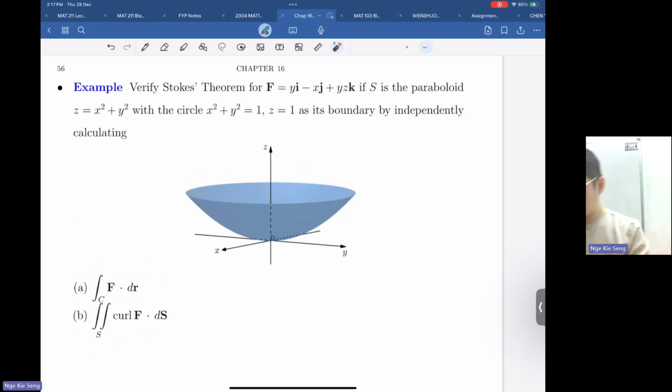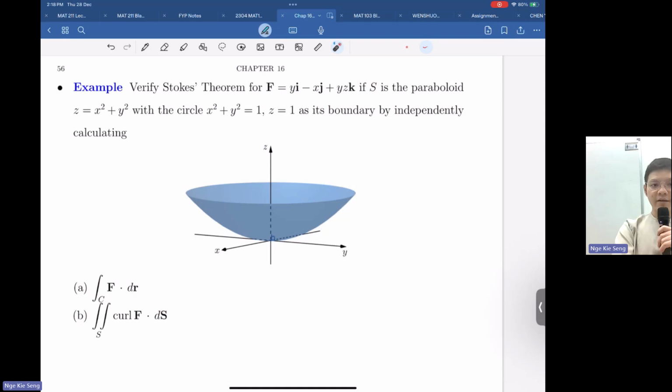So verify Stokes' theorem for the vector field F = y i minus x j plus yz k, if my surface is the paraboloid z = x² + y² with the circle x² + y² = 1 as the boundary, at height z = 1. Let's compute these two numbers. By Stokes' theorem, they should give the same answer.